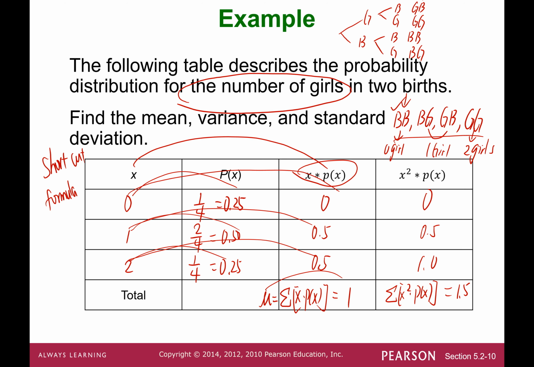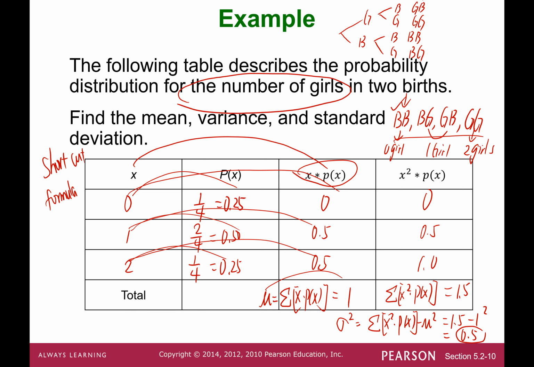Then the variance, sigma squared, equals the summation of x squared times p of x minus mu squared. So that's 1.5 minus 1 squared, which is 0.5. So the variance is equal to 0.5. Okay.